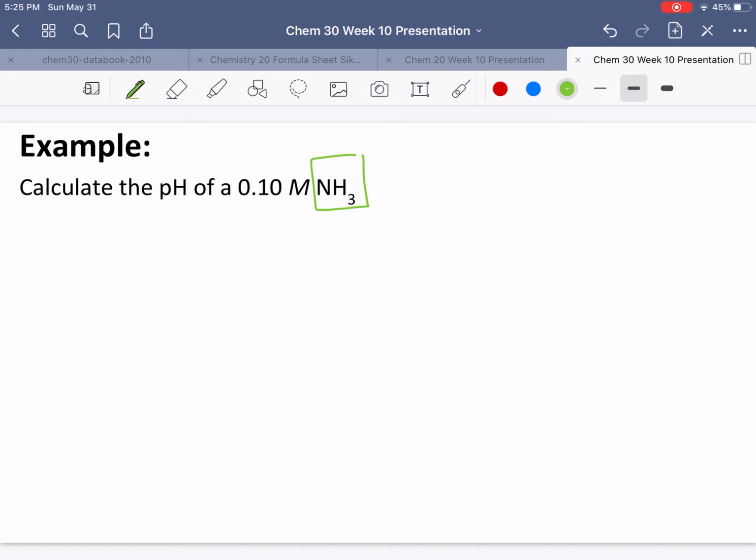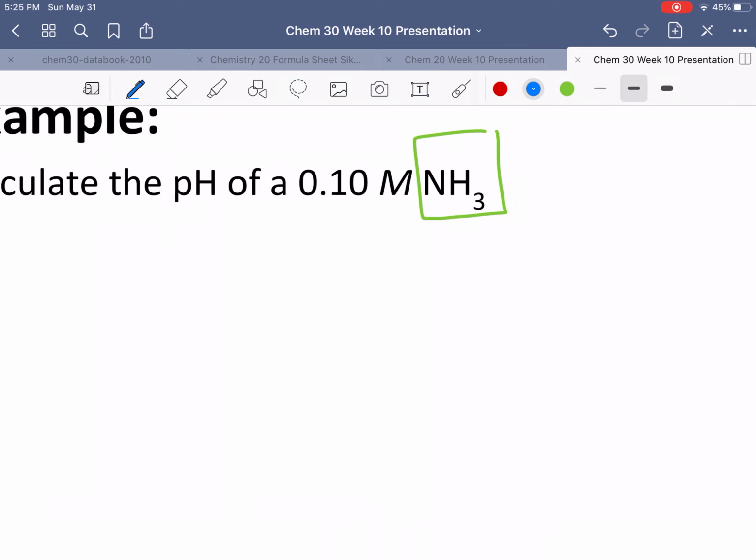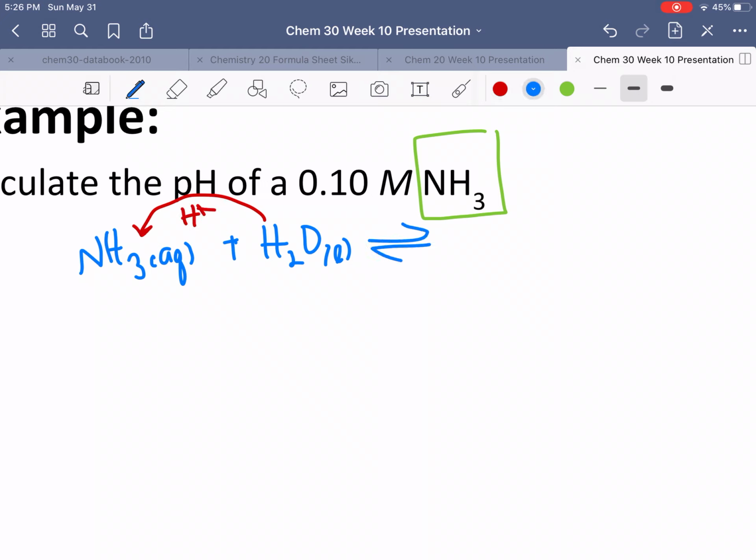This is ammonia, folks. It was introduced to you in Chem 20. Ammonia is, by the nature of what it is, a weak base. And it still ionizes by gaining a proton from water. So, it reacts with water. The hydrogen, just one of them, is going to switch over. Equilibrium arrows.